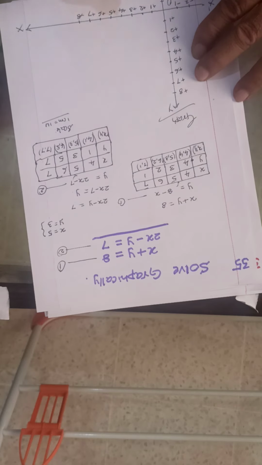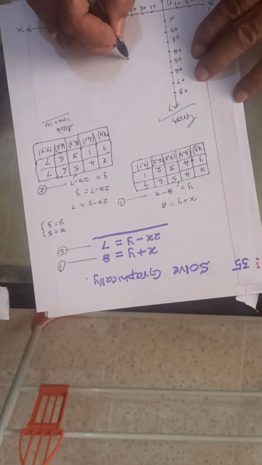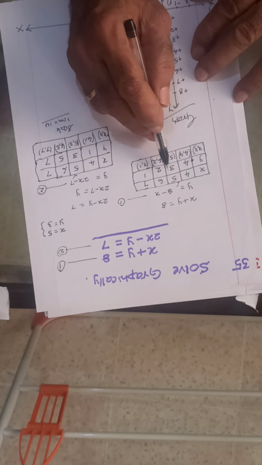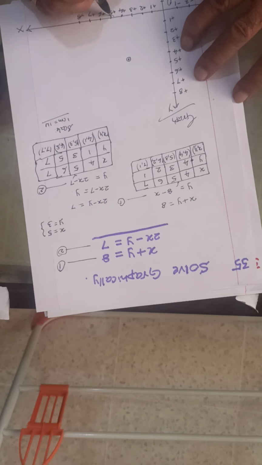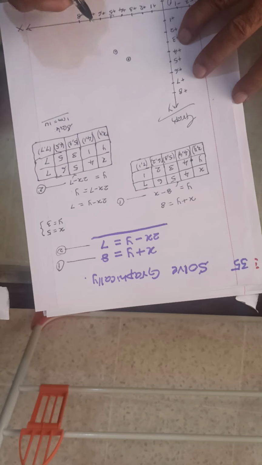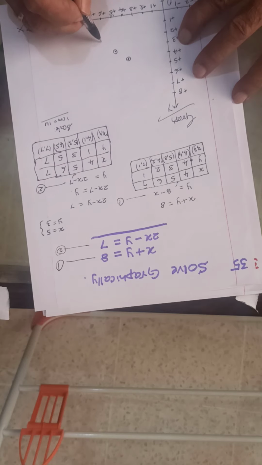Now come to this one, 4, 4. Here is the point 4, 4. Next, 5, 3. Here is 3, so 5, 3. Then 6, 2. Here is 2.